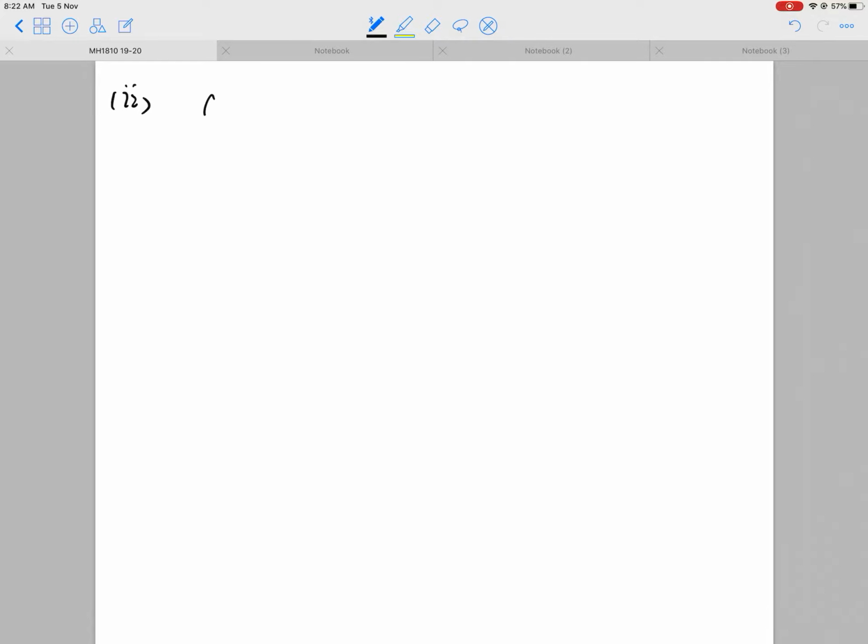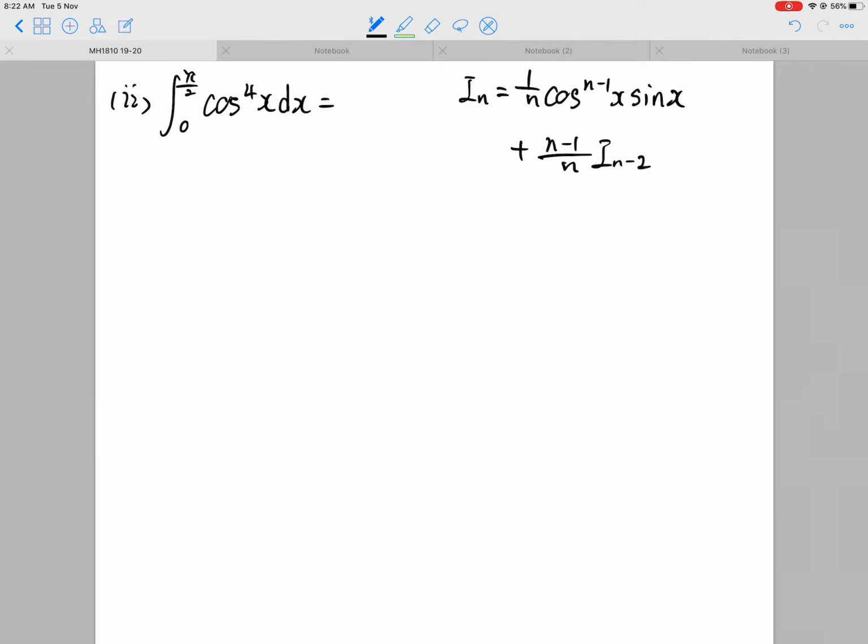Part 2: cosine x to the power of 4 from 0 to half pi. Again, the formula is I_n equals 1 over n cosine x to the power of n minus 1 sine x, plus n minus 1 over n I_(n minus 2).